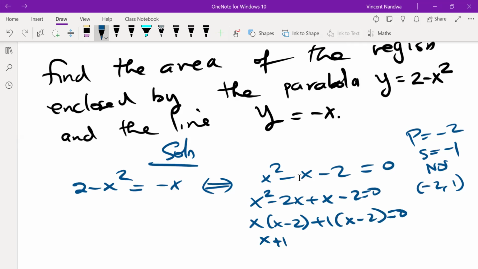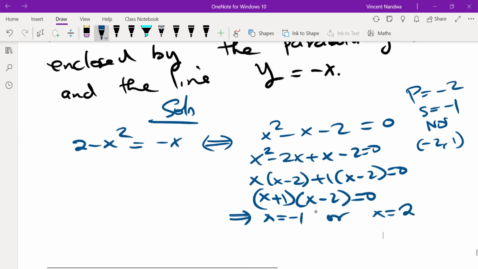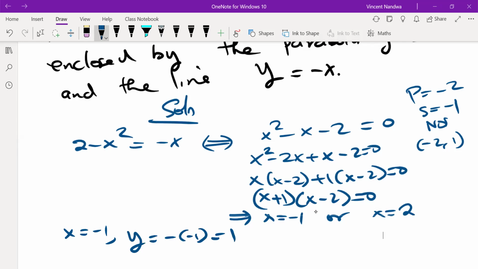So x plus 1, x minus 2 equals 0. So x equals -1 or x equals 2. So those are the points where the curves meet. When x is -1, y will be 1. And when x is 2, y will be -2.